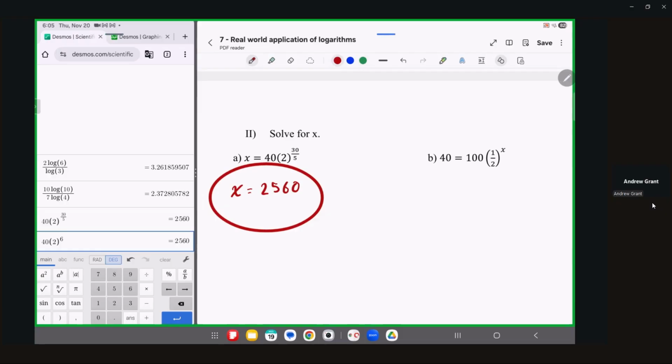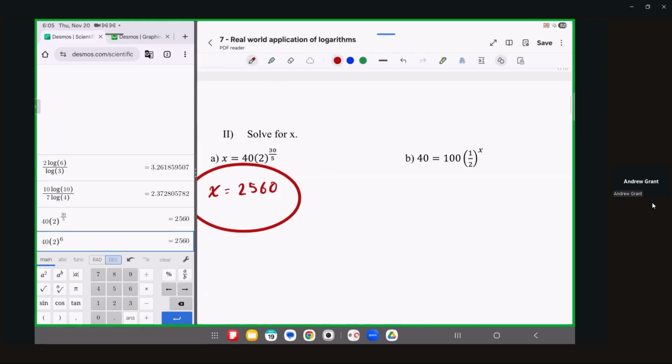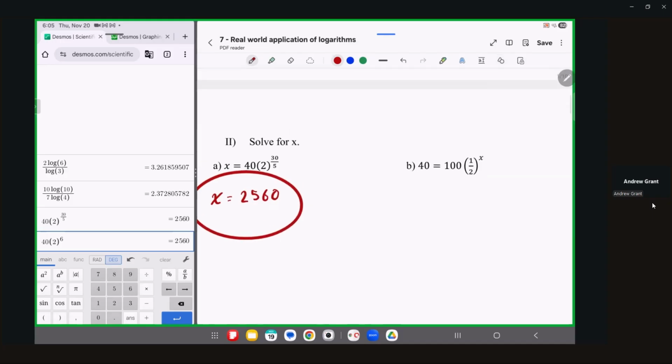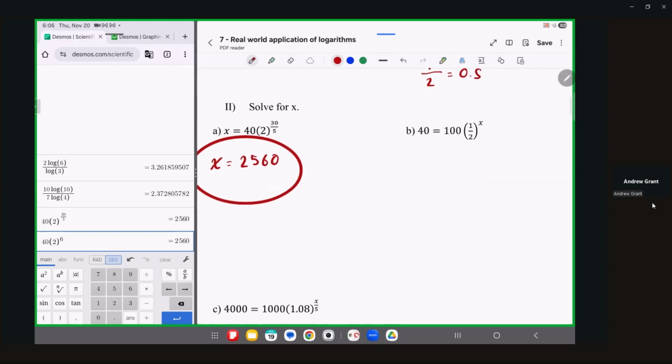Letter B is the most common type of log exponential relation we're going to be solving, and that is 40 is equal to 100 multiplied by 1/2 to the power of x. My recommendation, we make 1/2 just equal to 0.5. It's less cumbersome that way. So 40 is equal to 100 multiplied by 0.5 to the power of x.